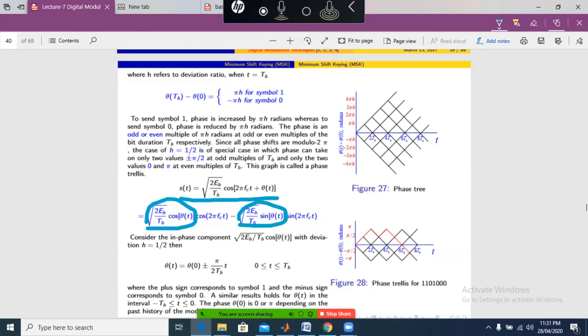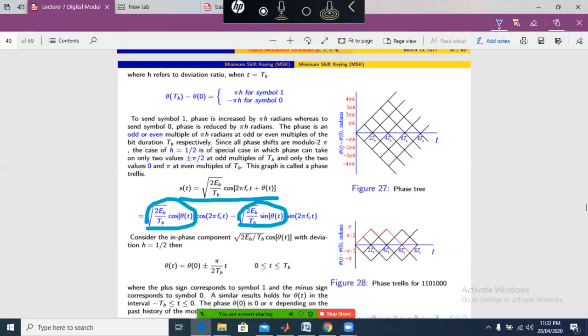We will see here that theta of t varies according to the trellis diagram, and correspondingly it depends on the previous data, that is how we modulate our signal. So it is not possible that we don't know the previous data and even then we are able to modulate the symbol.